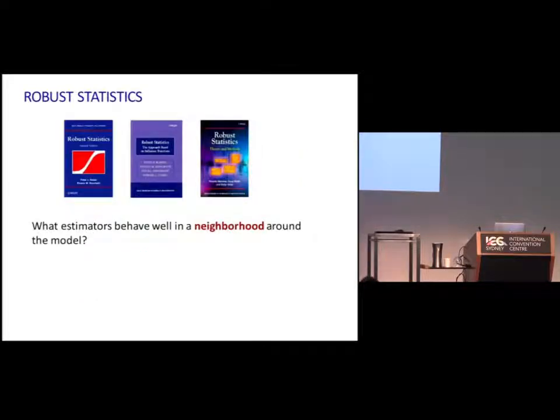Robust statistics since then has blossomed into a big field, which conceptually studies the following question: we know what estimators behave well when we're given samples from our true model, but what estimators behave well in a neighborhood around the true model? That is, even when there are deviations to our modeling assumptions.